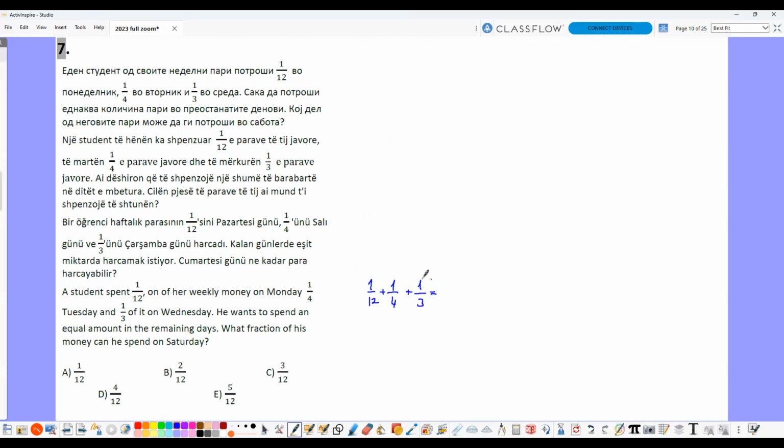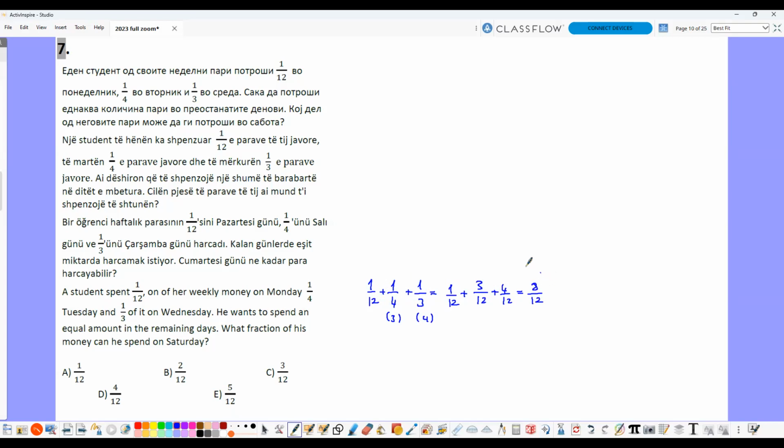For adding these, the fractions should have a common denominator. Since 12 is a multiple of 4 and 3, I'm going to multiply this one by 3, this one by 4. Then it's going to be 1/12 plus 3/12 plus 4/12, which is equal to 8/12.